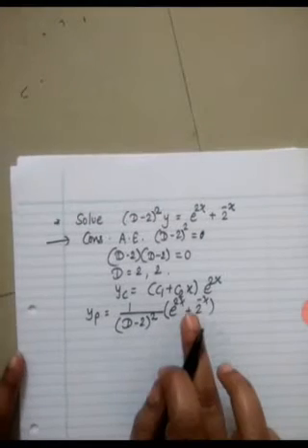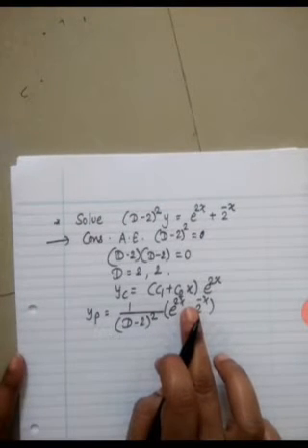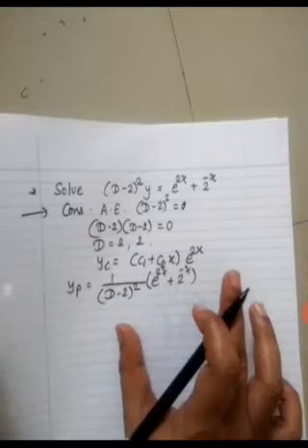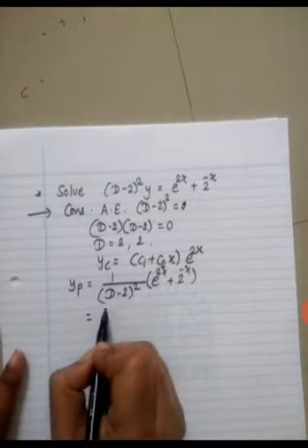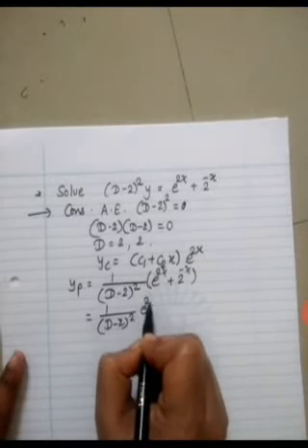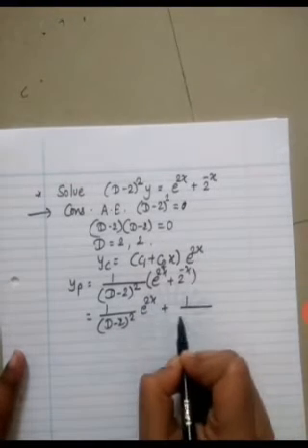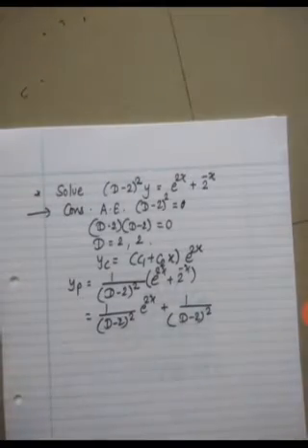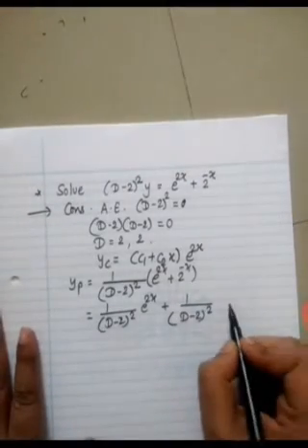But remember, if there is multiplication or division, we cannot separate; we can separate only with addition and subtraction. So here we can separate 1 upon D minus 2 whole square on e raised to 2x, plus 1 upon D minus 2 whole square on 2 raised to minus x. How can we write 2 raised to minus x?